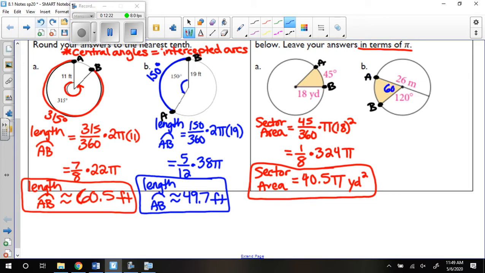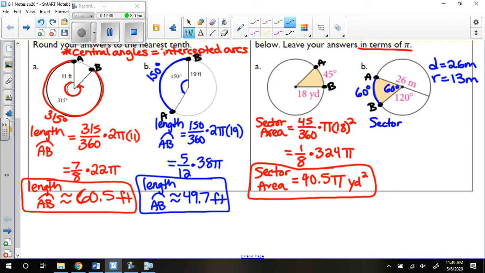We've got 60 degrees here, which means my arc is also 60 degrees because it's a central angle and they equal their intercepted arcs. Also, since that 26 is the diameter, I need to figure out my radius, which is half of that, so 13 meters for the radius.